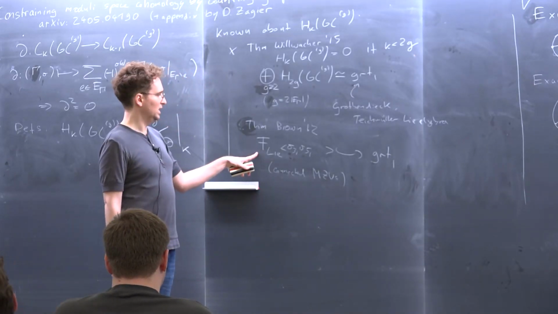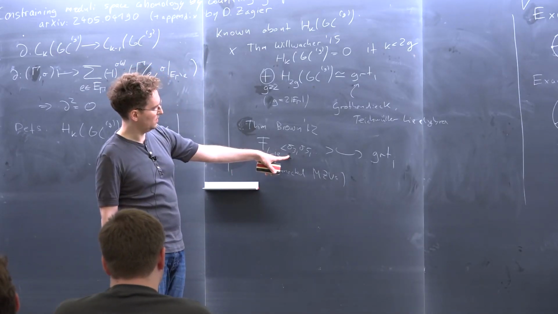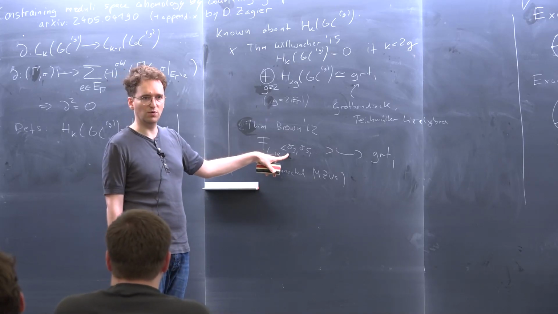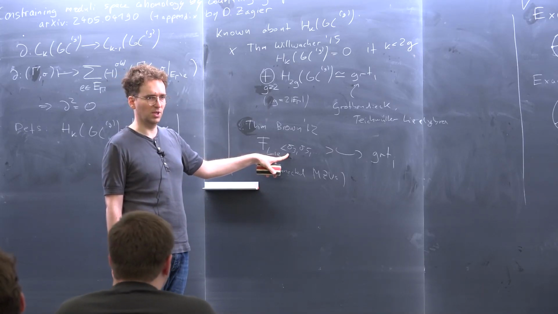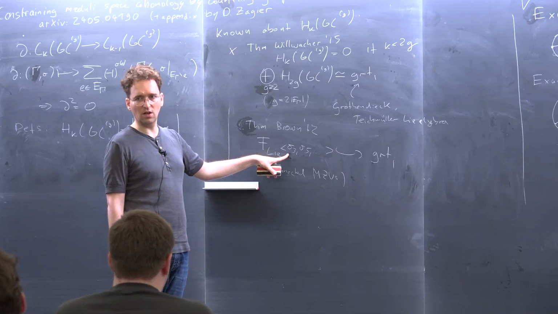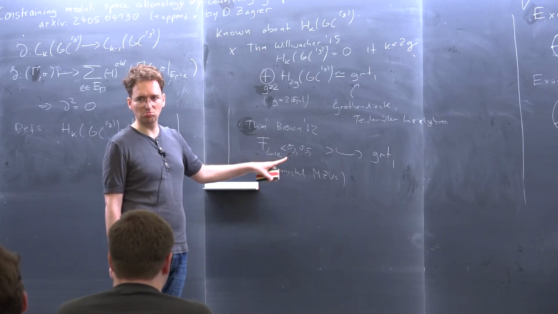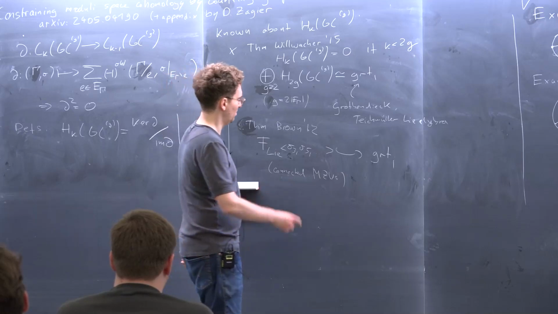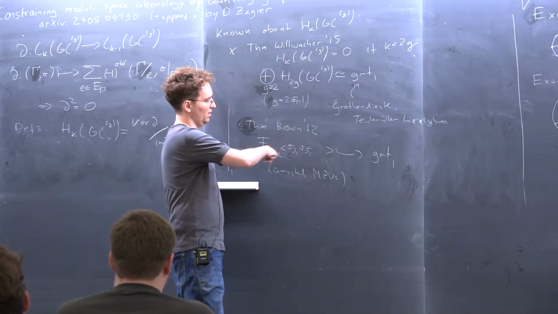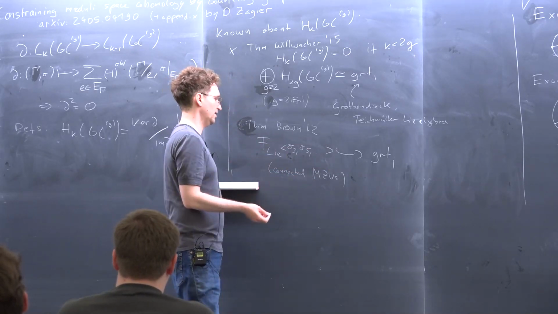But here again, you can use some combinatorics, which is nice. So you can count the number of generators that such a free Lie algebra has. And this is counted by the so-called Lyndon words. So the number of Lyndon words gives the number of generators on this side.